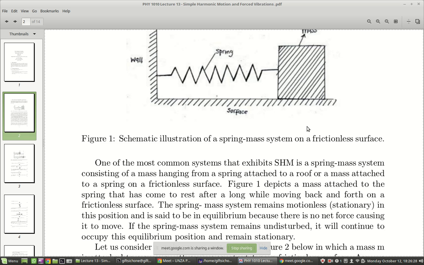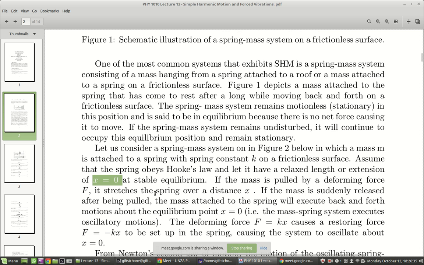When you're stretching the spring, if you assume that the spring obeys Hooke's law, the spring is not going to be happy about you stretching it. So it would try to unstretch itself. So it's going to set up a force inside the spring, which is going to be opposite to the force you're using to stretch the spring, and that force is what is known as the restoring force.